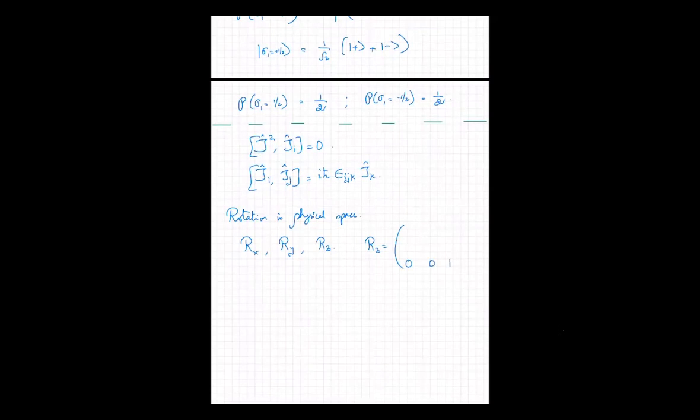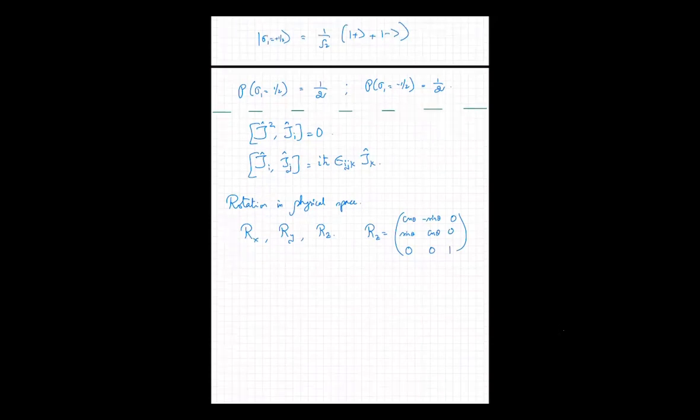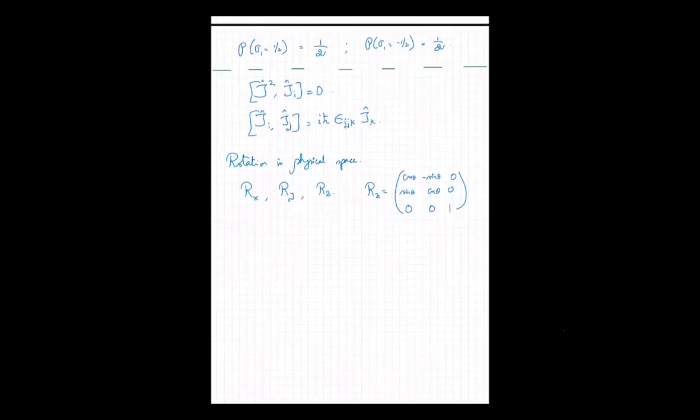The x and the y components get mixed up, so this is cosine theta, minus sine theta, cosine theta, and there should be 0. Just using the fact that the x and y components get mixed up and the z component is unaffected, I can guess the form of Rz. Similarly, I can guess the form of Ry and Rx also. These are the only 3 matrices possible.